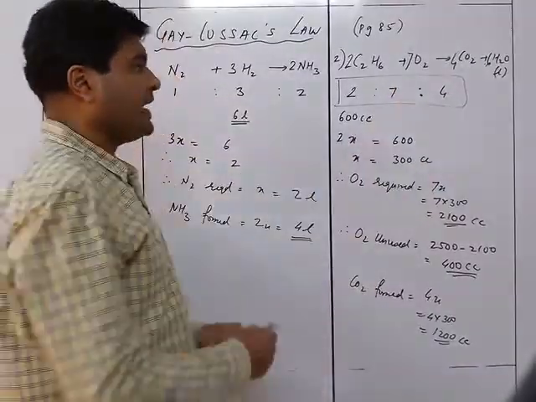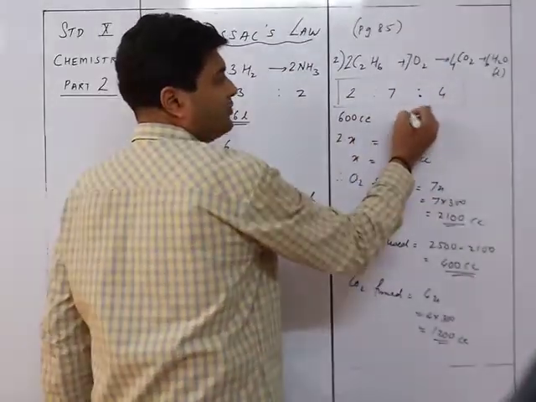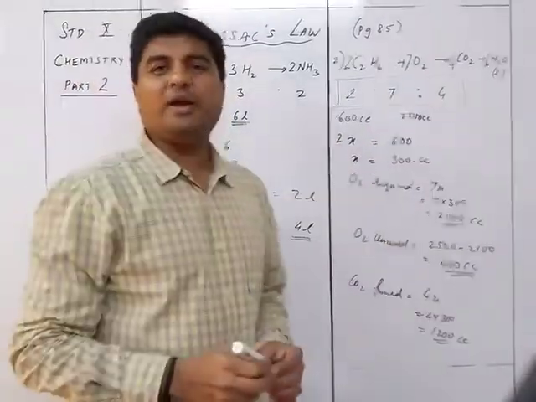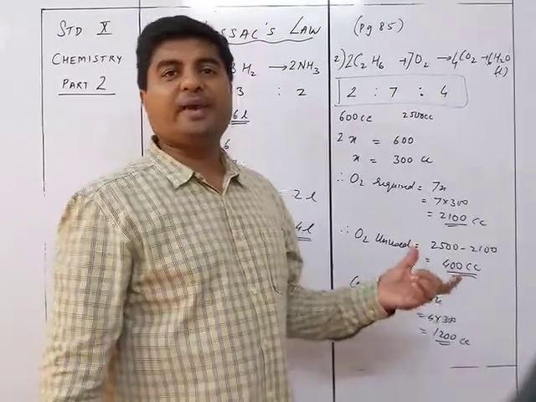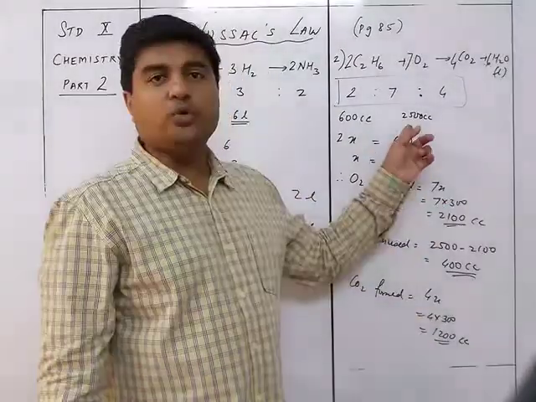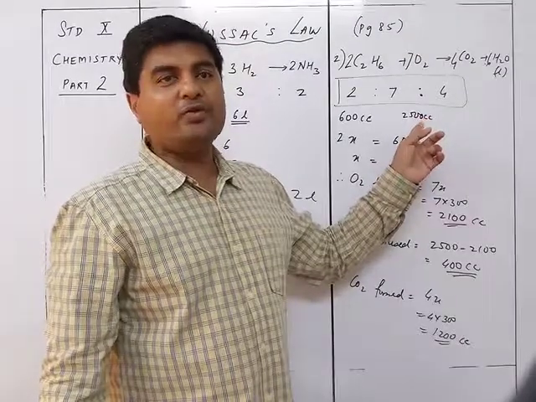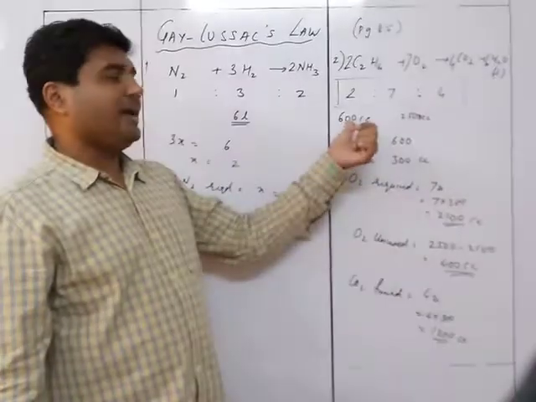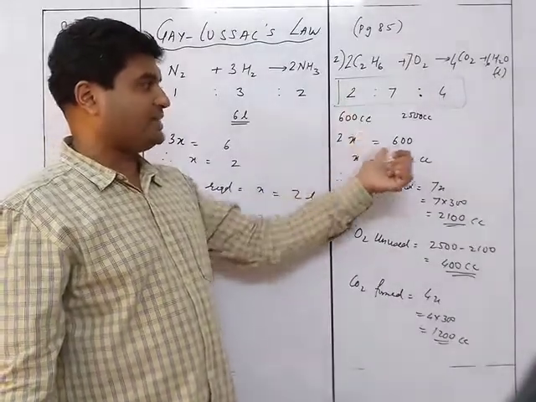See what I was given: this is 2500 cc and this was 600 cc. I am already given that O2 is going to be unused. What is the O2 unused has been asked, so obviously it is not going to be used completely. If it is not completely used, then 7x cannot be 2500. Automatically I need to take x as 2x, so 2x is 600. Okay.